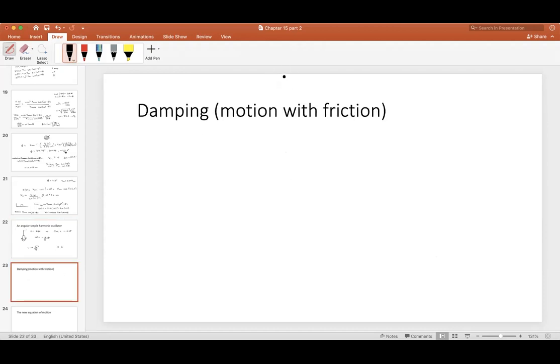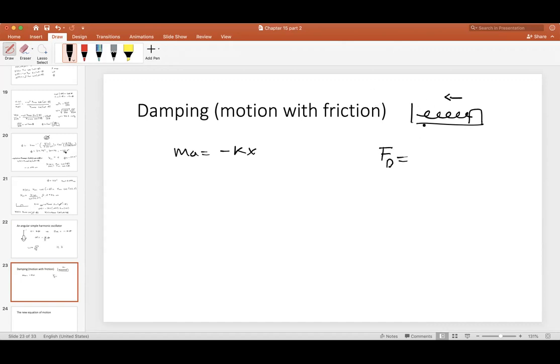So moving on to damping. And damping, I warn you, is going to get really, really complicated. We've already seen that our equation of motion was that ma is equal to minus kx. But imagine now if there is not only this force, but there is some force, maybe it's air resistance, maybe it's friction, but there's some damping force.